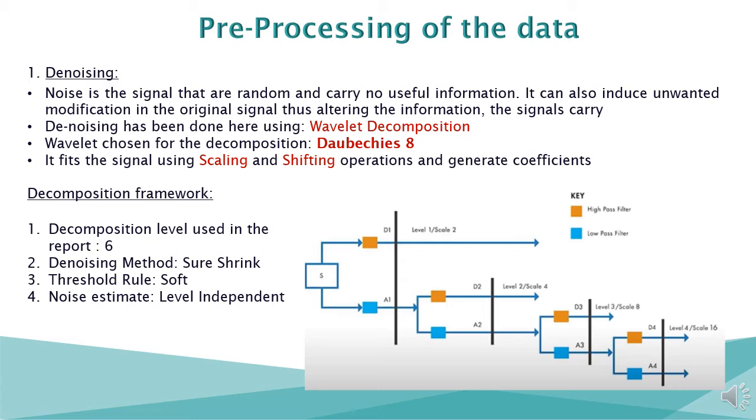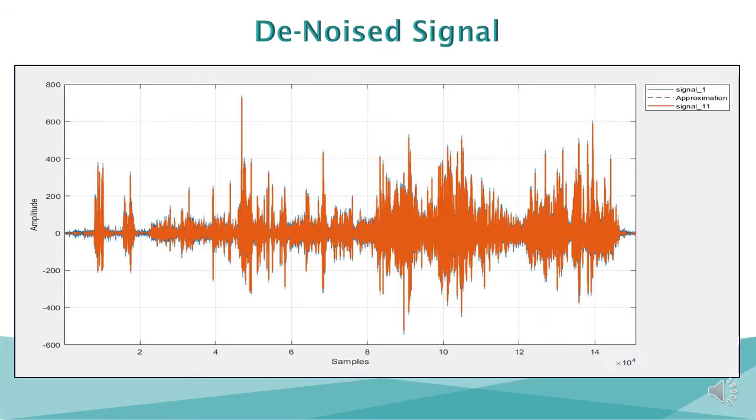The coefficients are generated at each level, and the coefficients which are smaller in value are typically noise, which are then removed from the signal. The remaining coefficients reconstruct to form the denoised signal. This is the denoised signal that we got.